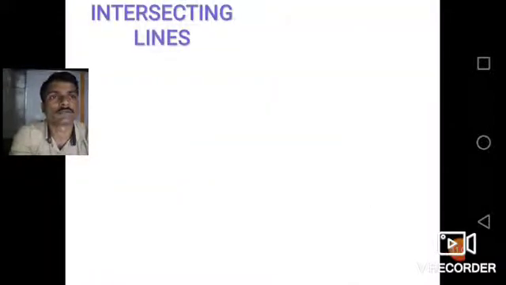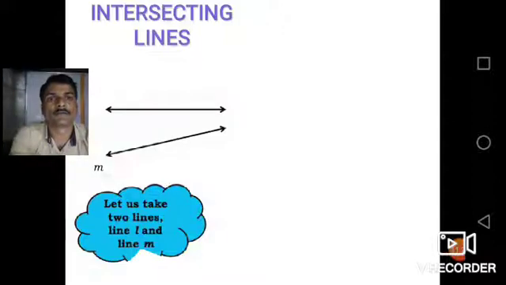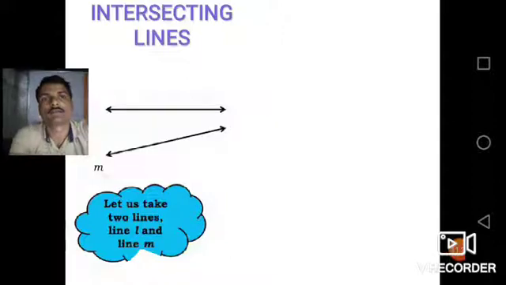This is one of the required concepts to study the properties of lines and angles. Let's see one more concept: intersecting lines. Let's take two lines L and M.